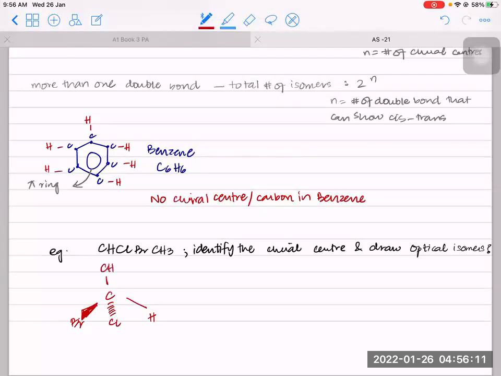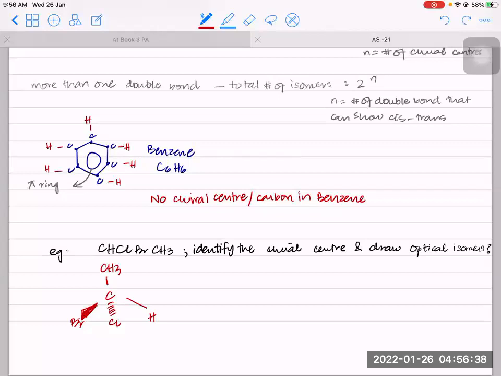No. You can put any of these in any order. And this becomes your first isomer. Once you've made your first isomer, the second has to be a mirror image of this. So you make the first one, put it in whichever order you want, right? Put the CH3 wherever, the H wherever, the Br wherever, and the Cl wherever you want.